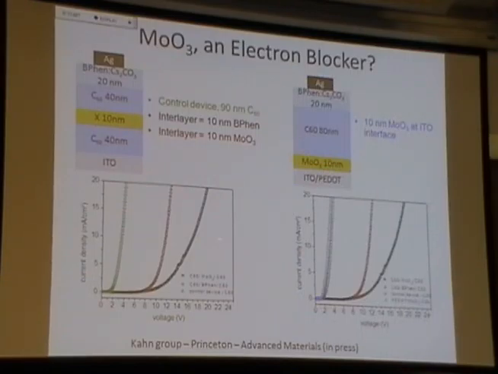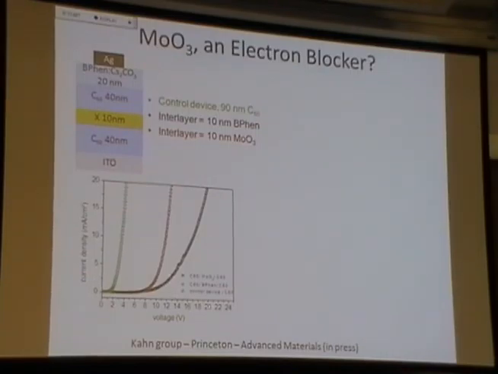What you actually see is that the control device is a nice electron-only device. You've got forward bias injection from the silver and electron collection from the ITO running directly through the C60.